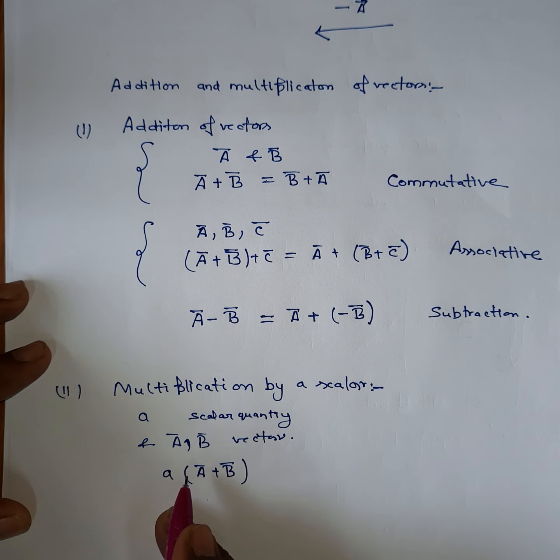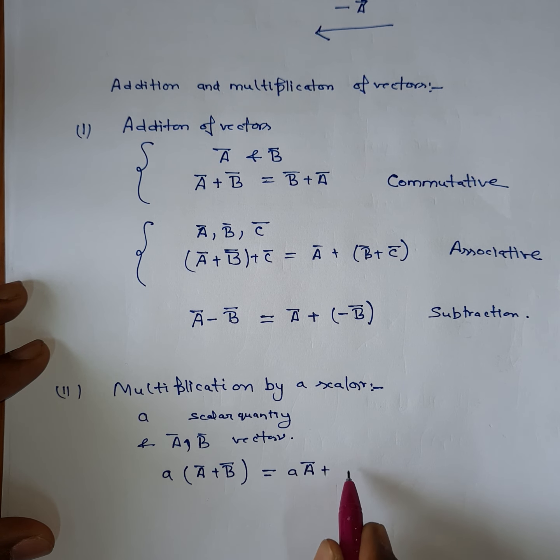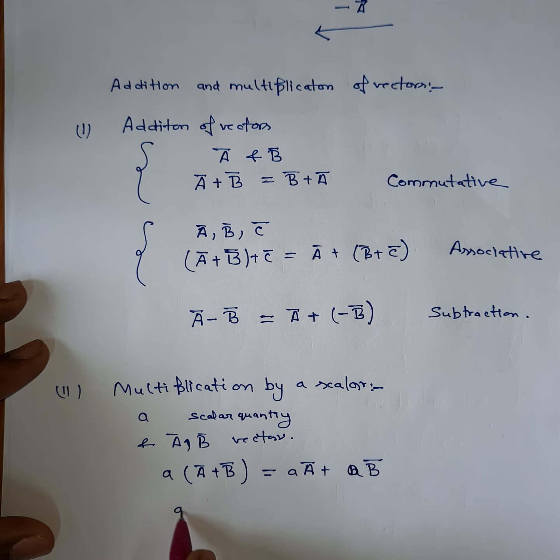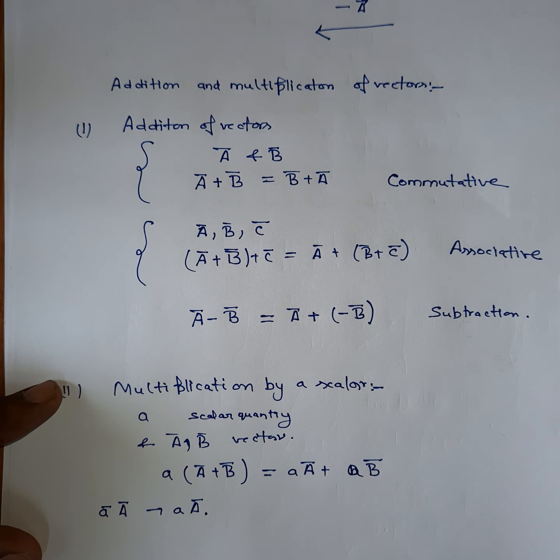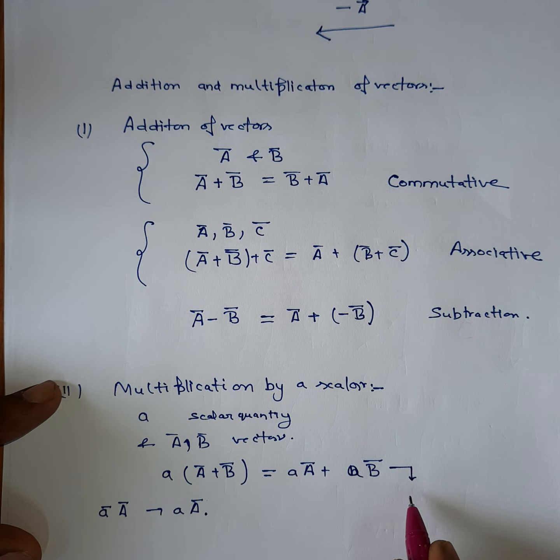Means if you multiply a scalar with the addition of two vectors, you can write it like a A vector plus a B vector. Similarly, if you multiply a scalar into a vector, the final vector has the same direction but the magnitude will be changed. So from this relation you can say that scalar multiplication is distributive.